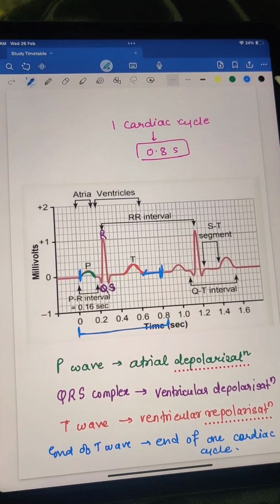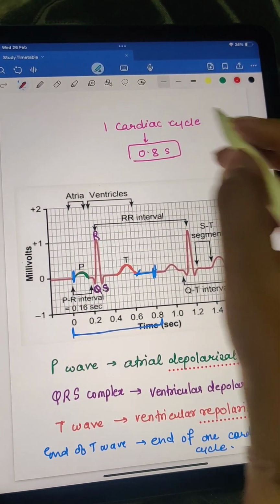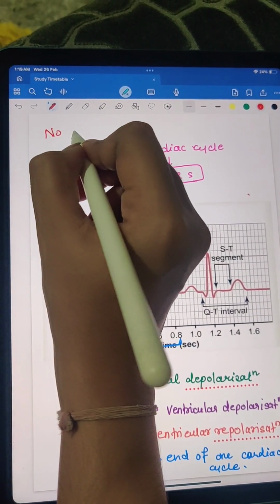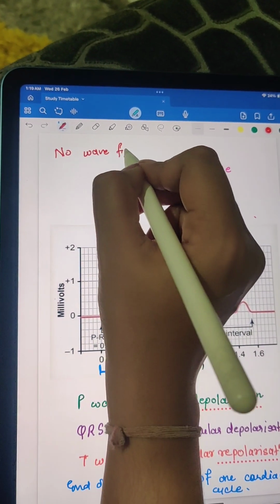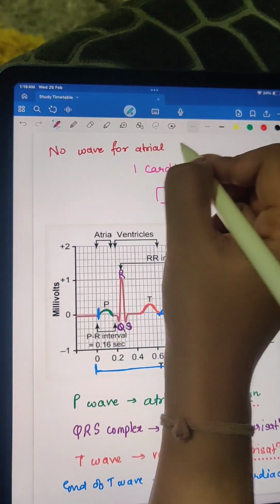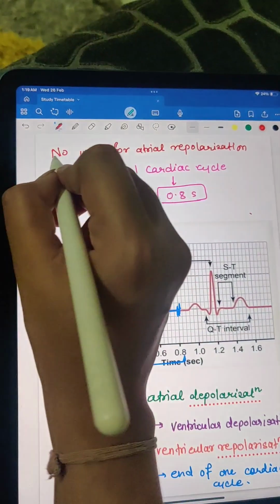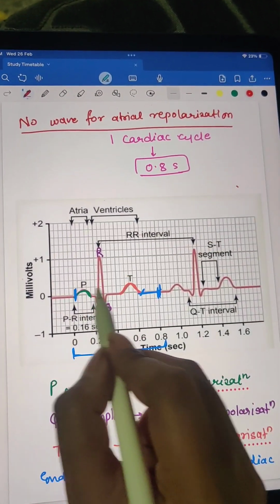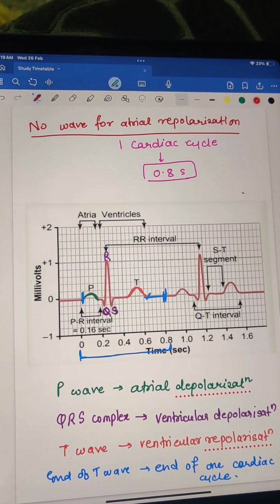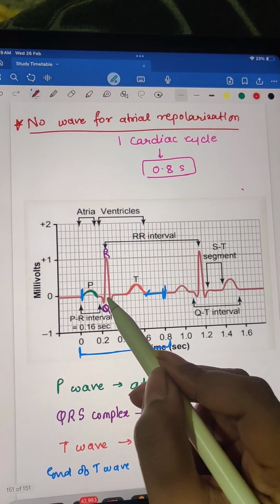As you can see, there is no wave for atrial repolarization. There is no visible wave in the graph for atrial repolarization. Very important. There is a wave, but we can't see it.